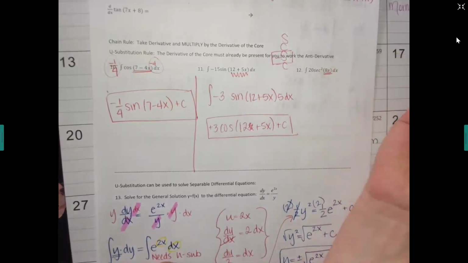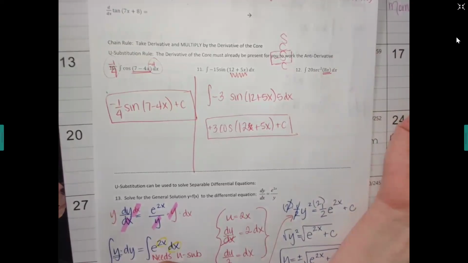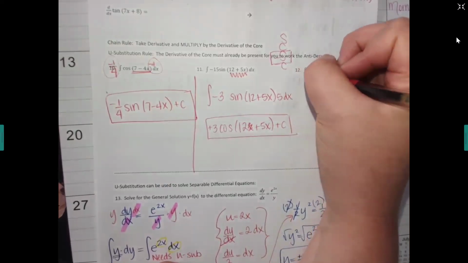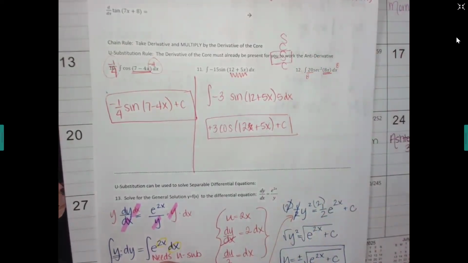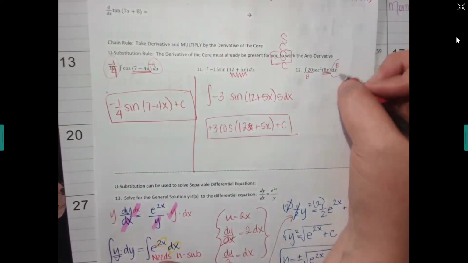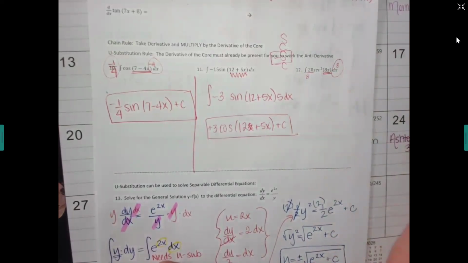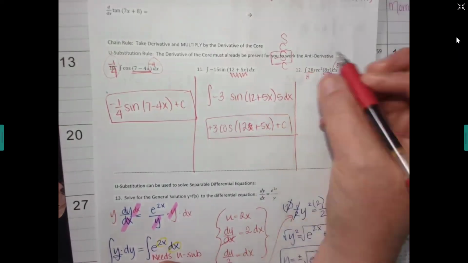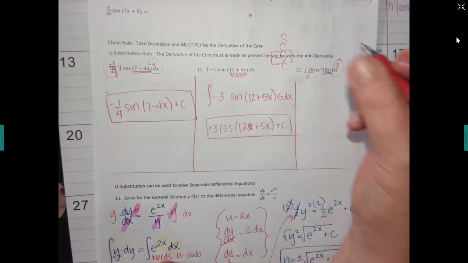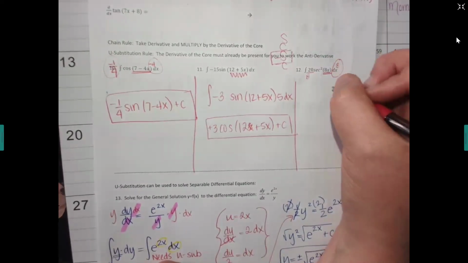8x. What's the derivative of 8x? Just an 8. Then I have to have an 8. So I'm going to times by an 8 here and divide by an 8 on the 20, so that my 8 dx is already there for me to do the antiderivative. What is the antiderivative of tan squared? Or sorry, secant squared?